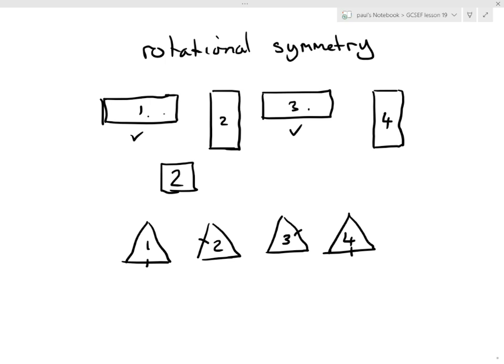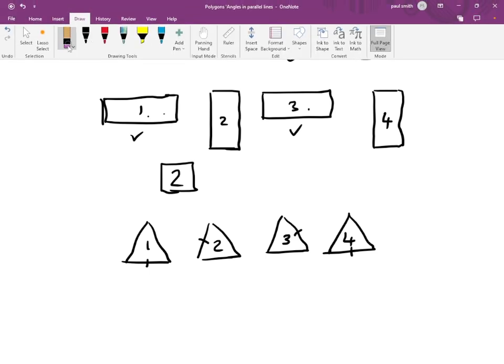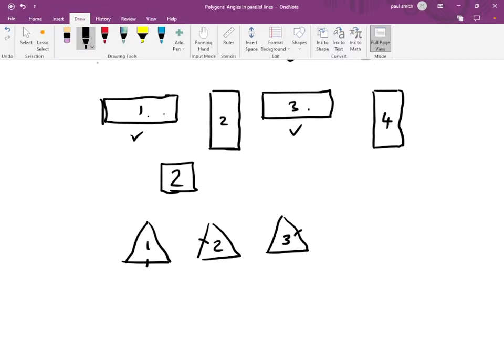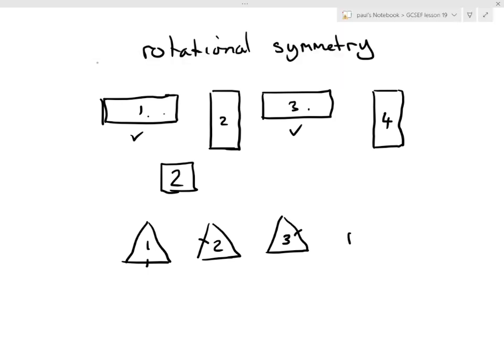So this doesn't really count because it is the actual middle. So if we ignore the one where we're back to where we started from, the triangle has 3 sides and it has rotational symmetry equals 3. And this is the same: if you have a 10-sided shape, it will look like the original, including the original, 10 times.